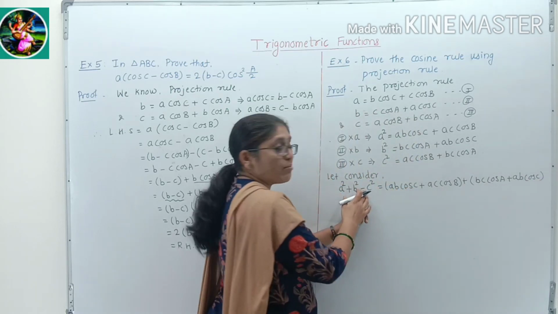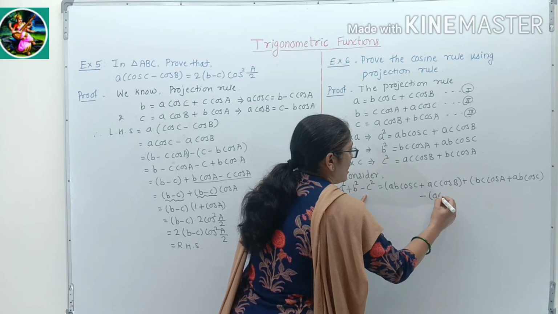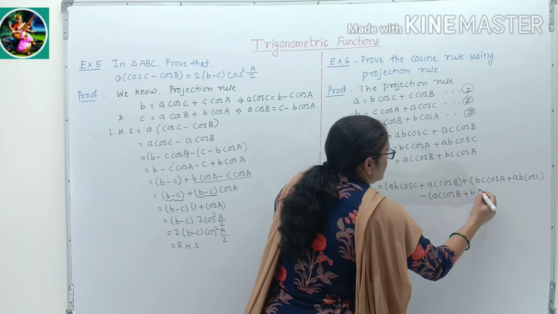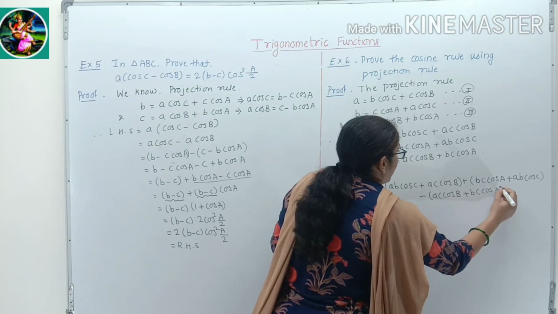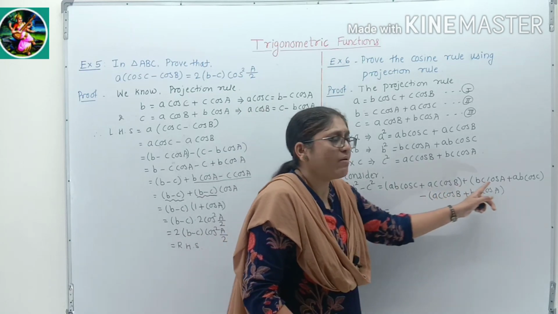And here we take minus c², therefore we write minus of (ac cos B + bc cos A). Now we solve the right hand side, that is we solve the brackets.